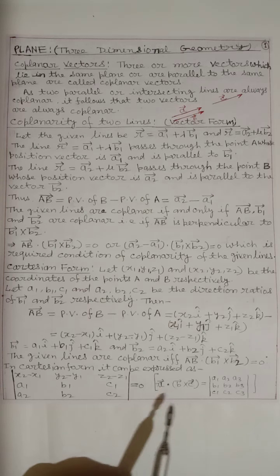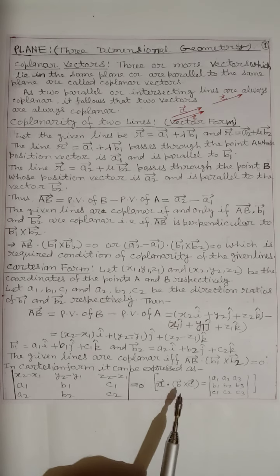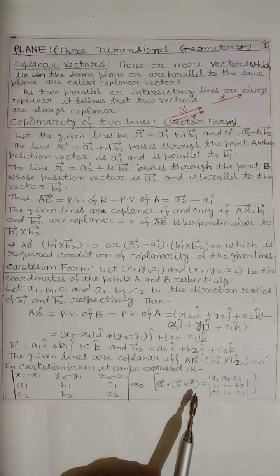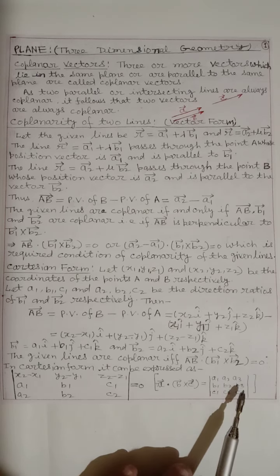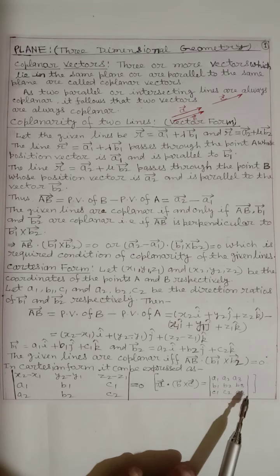Dear students, already we know according to scalar triple product, that is vector a dot vector b cross vector c equal to determinant a1 a2 a3, b1 b2 b3, c1 c2 c3.